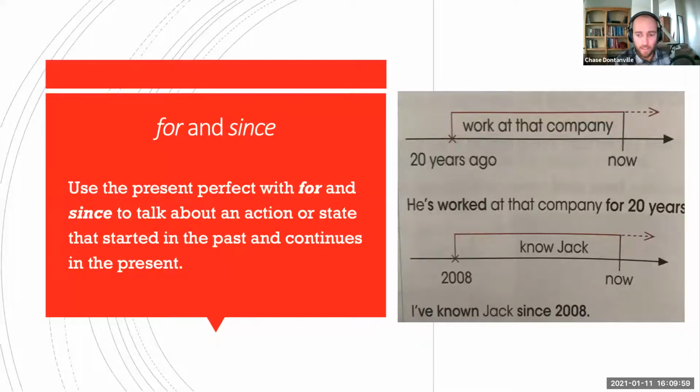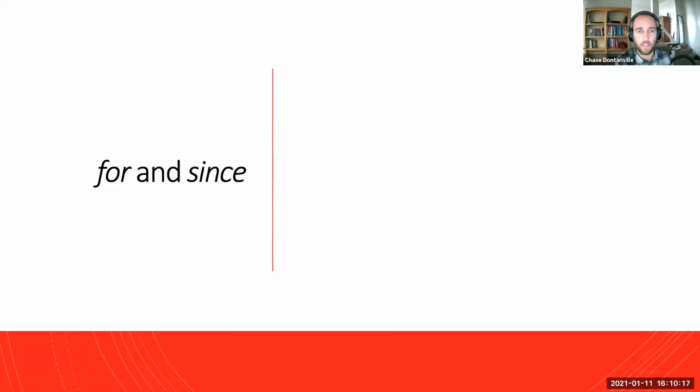Another way to say this is in the second example. So I've known Jack since 2008. So in 2008, we met, Jack and I, and I've known him since then. Okay, so since 2008, I have known Jack. Let's look a little more closely.